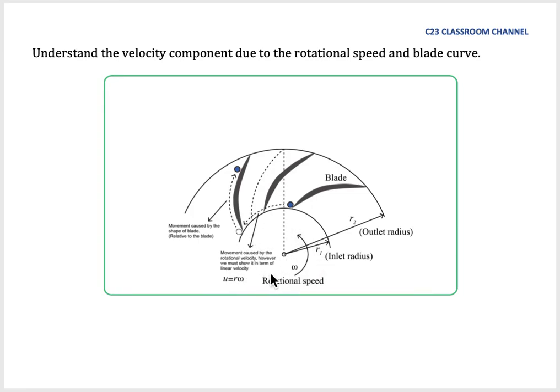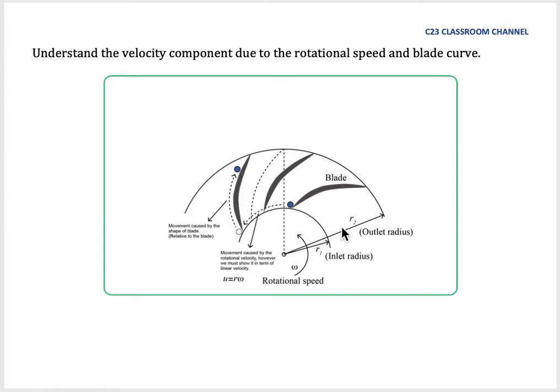So the blade is now moving here. At the same time, this molecule will flow on the blade until this location. So in one motion, there are two movements occurring on this molecule. Imagine that this molecule enters the inlet of the blade, the blade moves counterclockwise, and the molecule is now at this location.